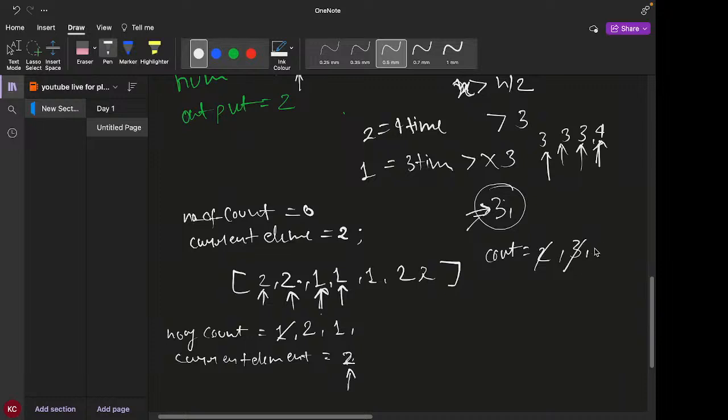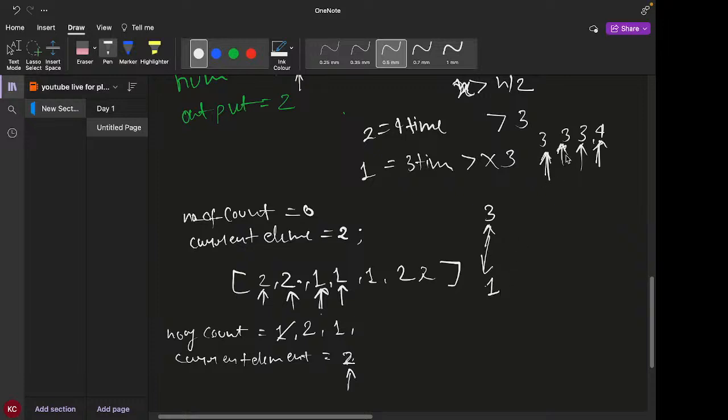You can understand it this way: if there are candidates, there may be other candidates. Let's suppose there is a candidate 3 and someone comes and votes for 3, then 3's vote count will be 1.